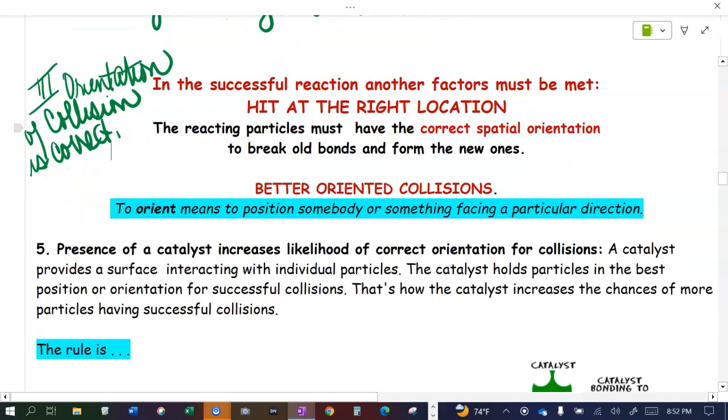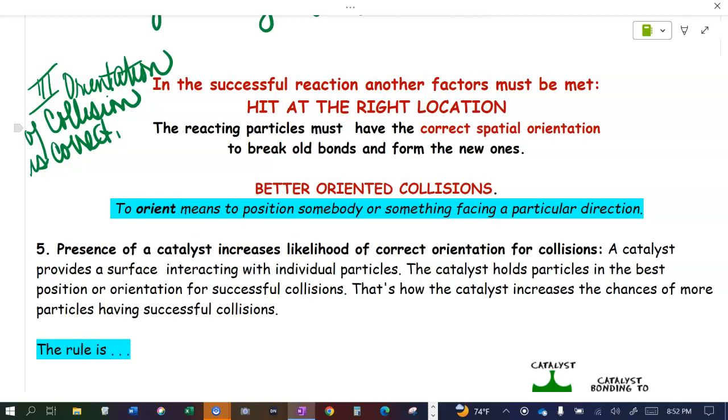So, better oriented collisions. To orient means to position somebody or something facing in a particular direction. So when I talk about the orientation of the hit, a car can hit head on, from the side, or the back, or at an angle.